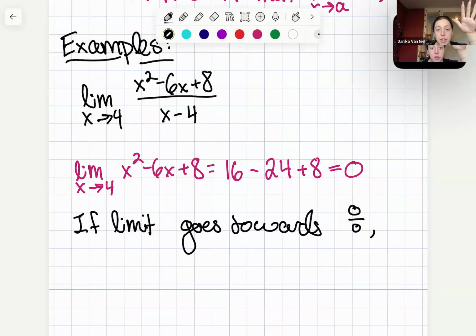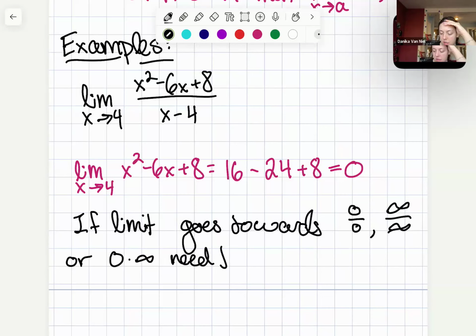I know it's illegal to write 0 divided by 0, or infinity over infinity, and plus or minus each of those, or infinity times 0, something like this. Need to investigate more.